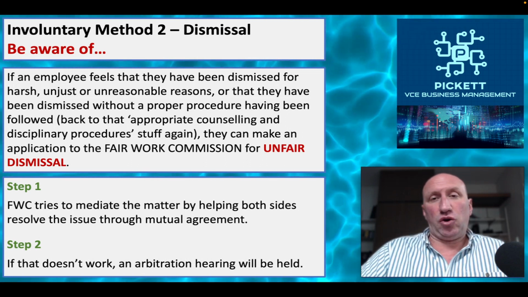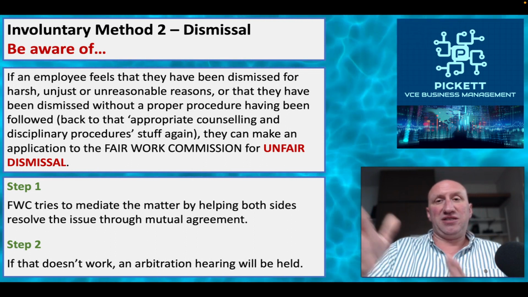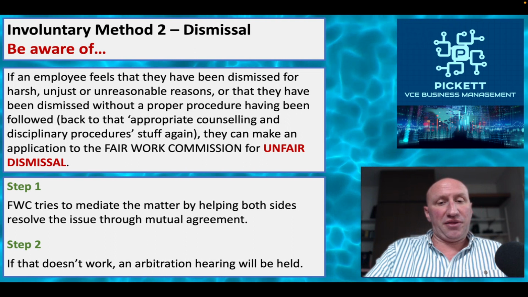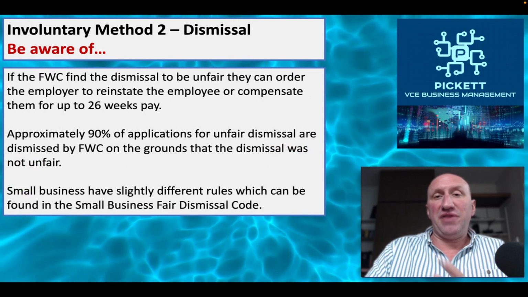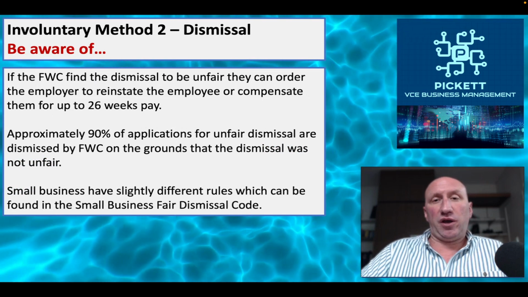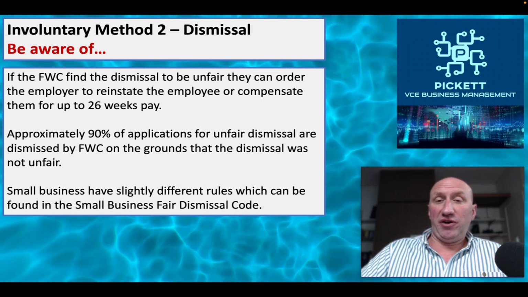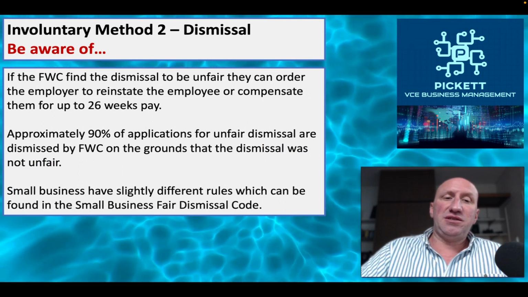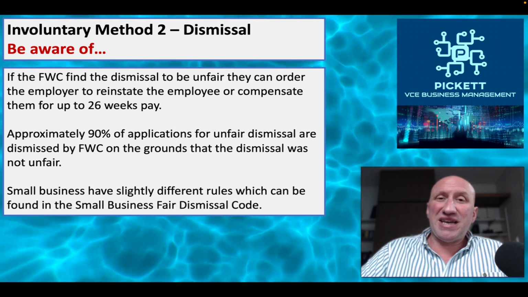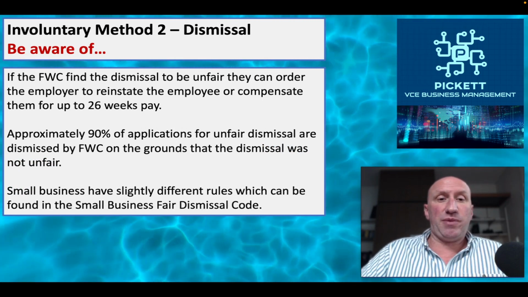And that's effectively like a court case where an arbitrator who acts like a judge will make a decision in favour of one party or the other about what's going to happen moving forward. Now, if the arbitrator appointed by the Fair Work Commission finds the dismissal to be unfair, they can order the business to either reinstate the employee or compensate them up to essentially half a year's pay.